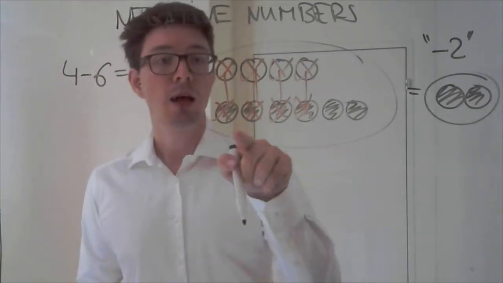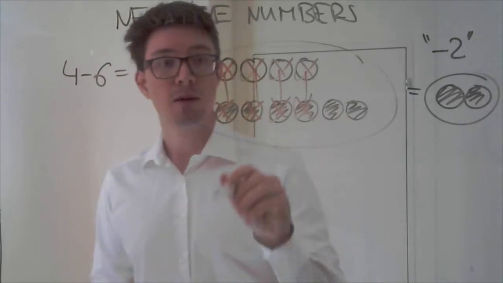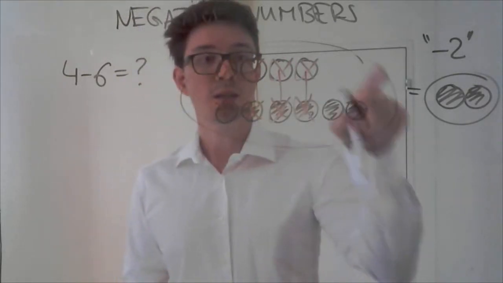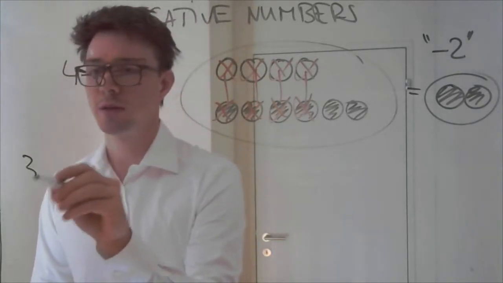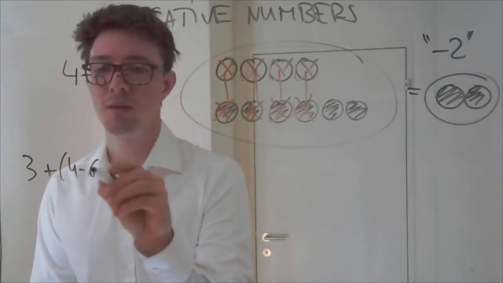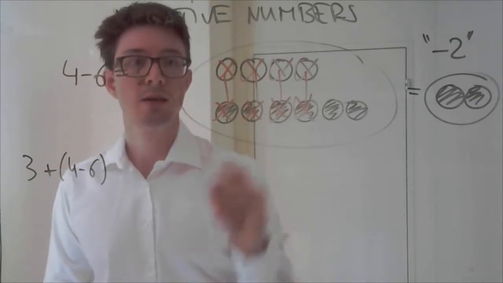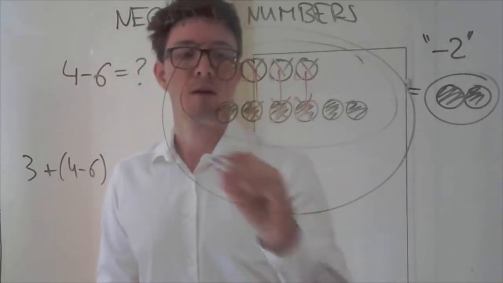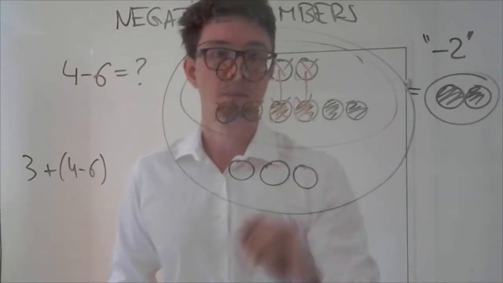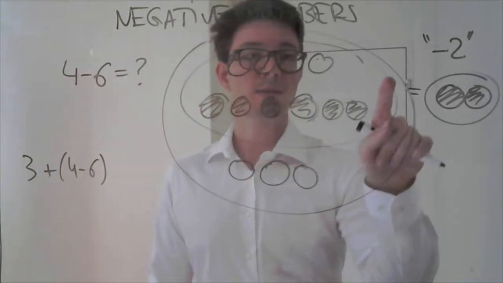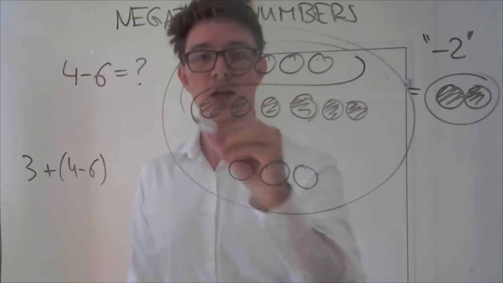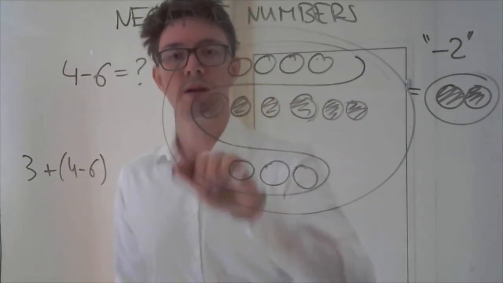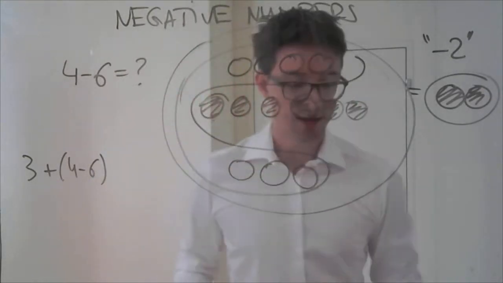But to really make this clear, an operation like this, 4 take away 6, let's put this in a broader context of a calculation. 3 plus 4 minus 6. So that would be 3 more dots here. And then in this context, we can make sense of this by just changing this grouping and say, okay, now we have enough dots to cancel the antidots.